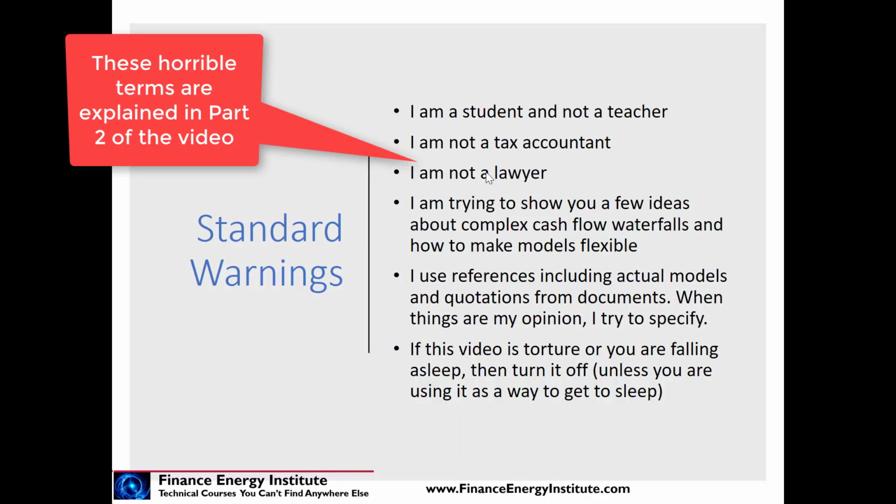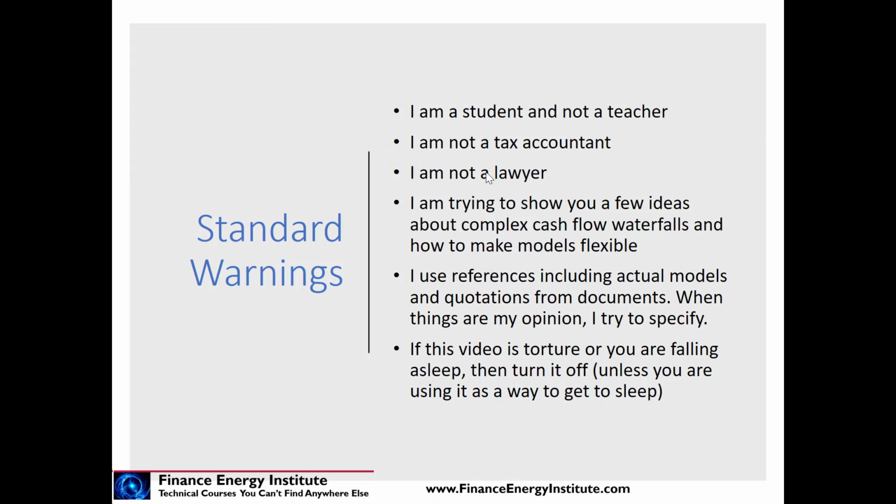What crazy terms! And before I get any further, let me just tell you, I'm a student here, not a teacher. I've really made an effort to use both public information and models that I've seen.